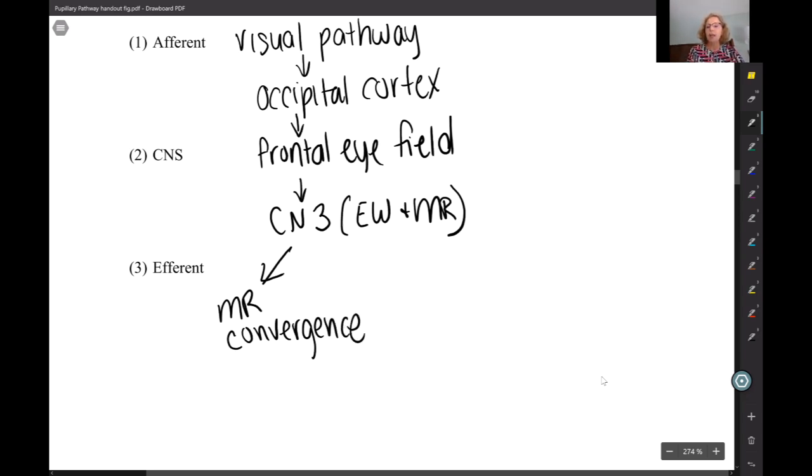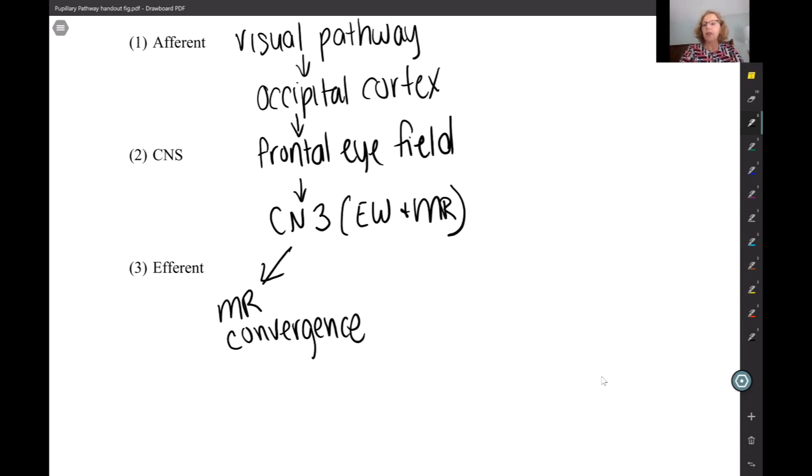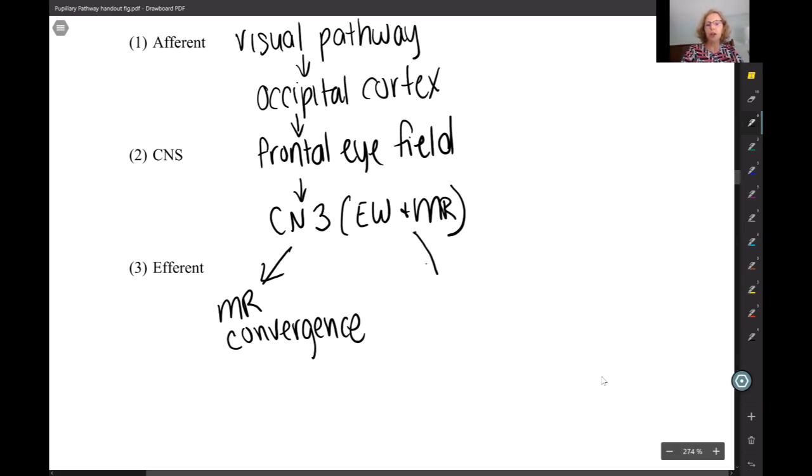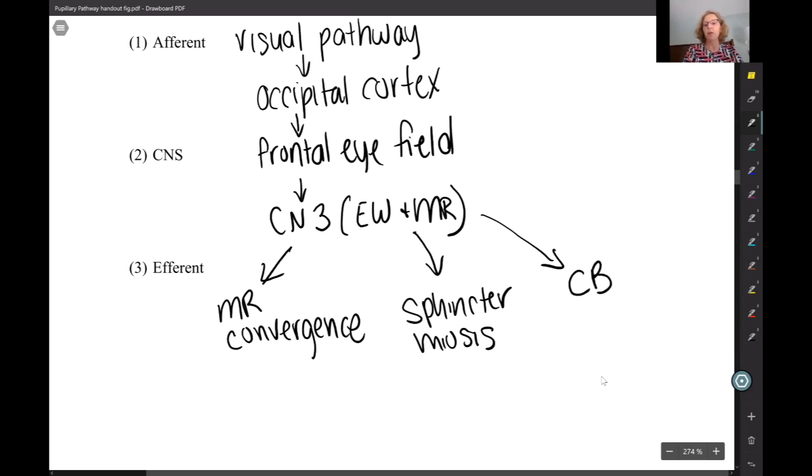From the Edinger-Westphal nucleus, the signal travels through the parasympathetic fibers to go to the sphincter, which will cause meiosis, and will go to the ciliary body muscle, which will cause accommodation.